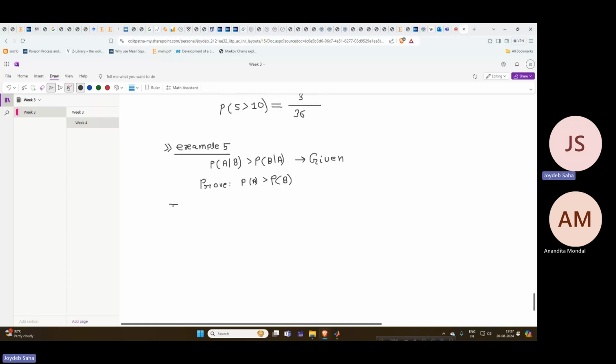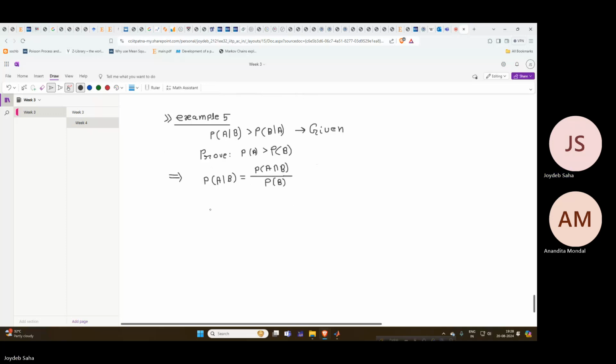So let us try to solve this question. What is probability of A conditioned B? It is probability of A intersection B divided by probability of B, right?